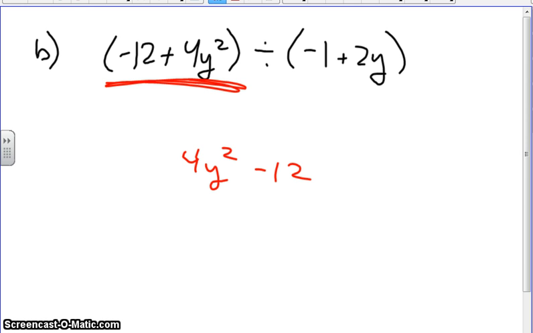And then we're dividing by 2y minus 1. Now there is a problem with this. Look at what happens.